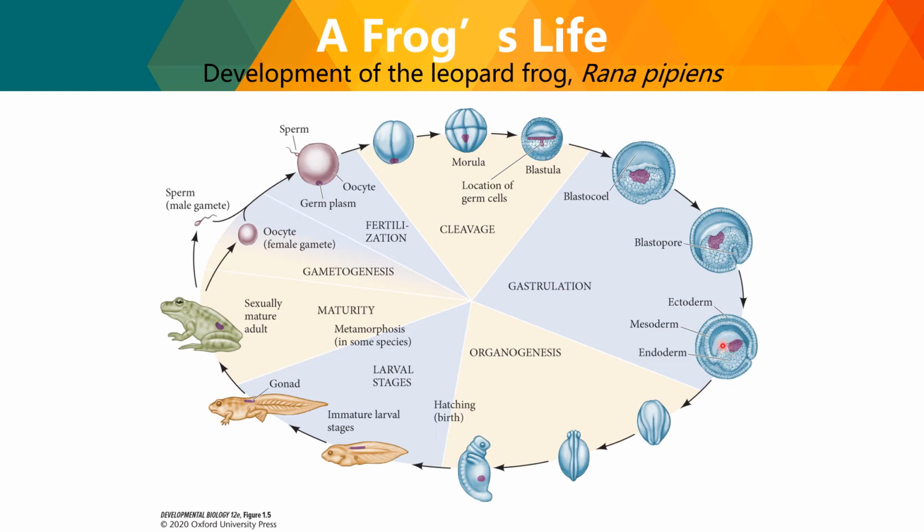Okay, and then after gastrulation, it goes now to organogenesis, or the formation of the other organs. Then in between organogenesis and the larval stages, you will see the hatching, or the birth. In the larval stages, it matures until it also produces gonads, and then metamorphosis happens for some species, and then maturity.